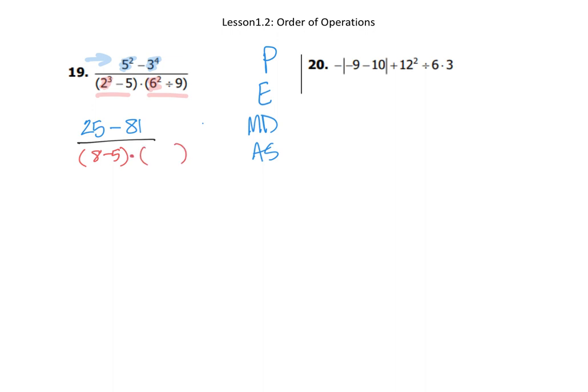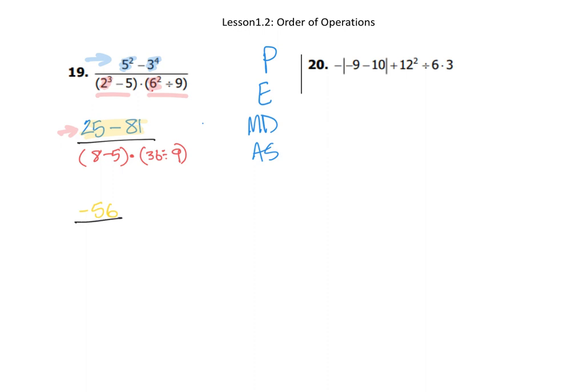And in my next set of parentheses, I have 6 squared, which is 36, divided by 9. In my numerator, I only have two numbers and subtraction, and I'm allowed to do that at this point. It's the only operation there. 25 minus 81 is negative 56.